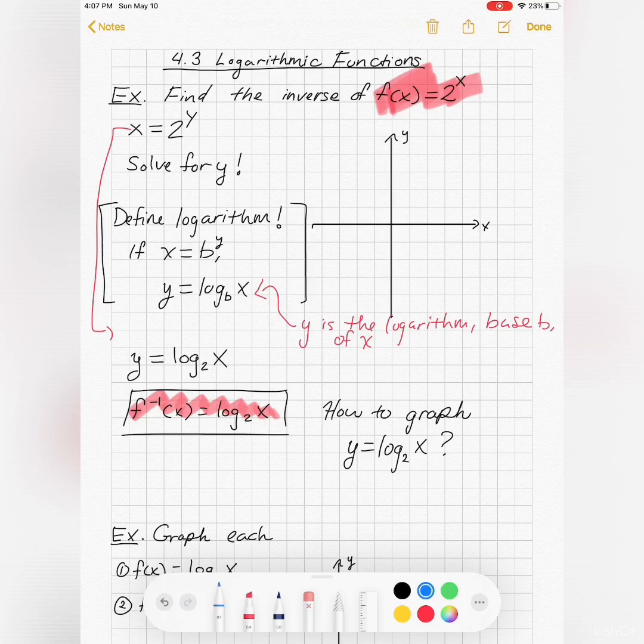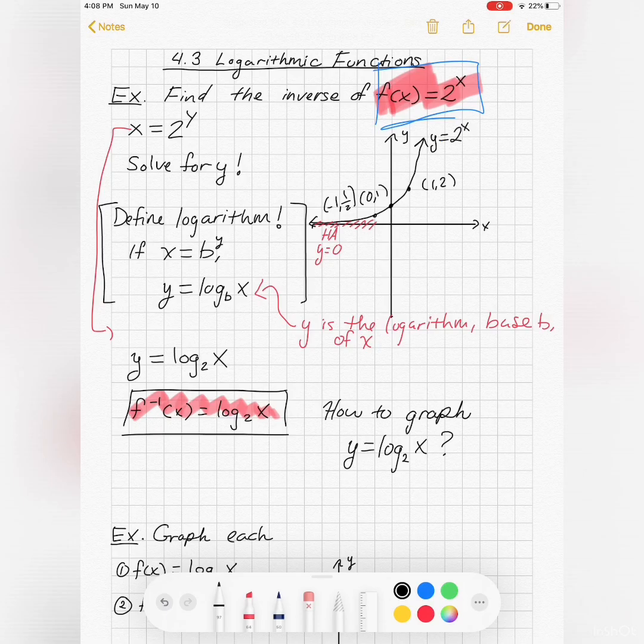So what if I go ahead and graph this function? Okay, I'd have 0, 1, 1, 2, and negative 1, 1/2. So that's my exponential function, my 2 to the x. Looks like so, right? Remember, the exponential functions have a horizontal asymptote at y equals 0.